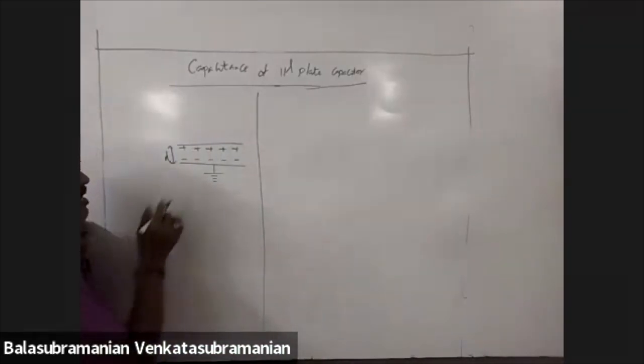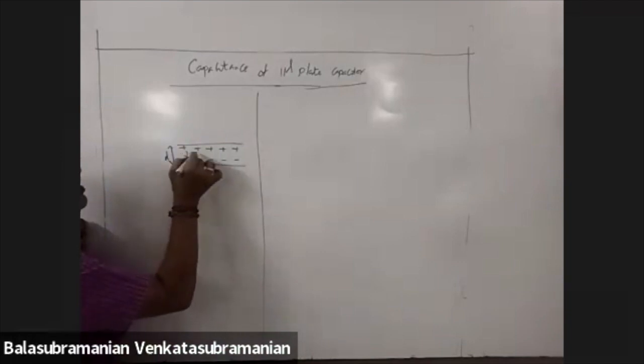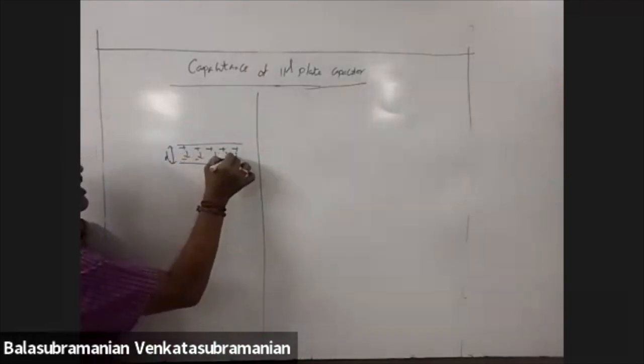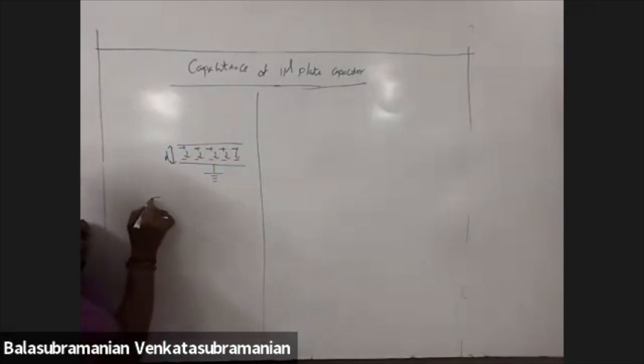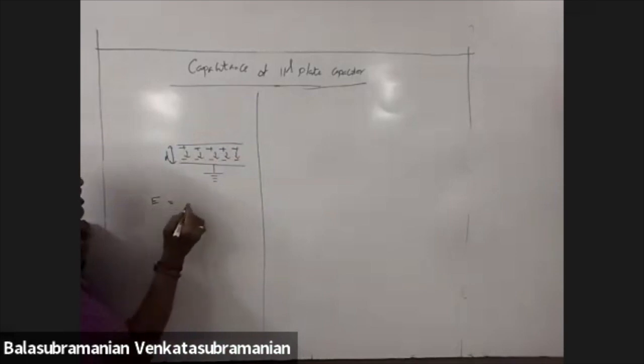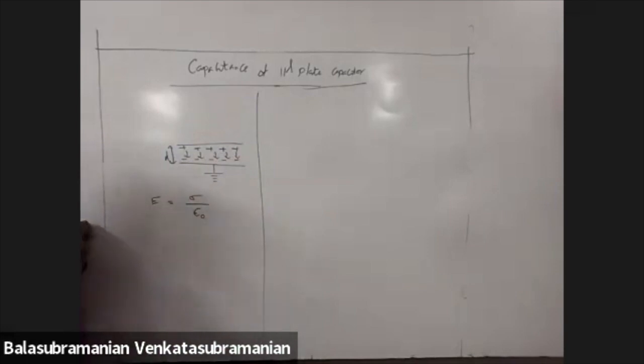How will you calculate? First, the electric field is directed from positive to negative. Electric field is sigma by epsilon naught. Why?